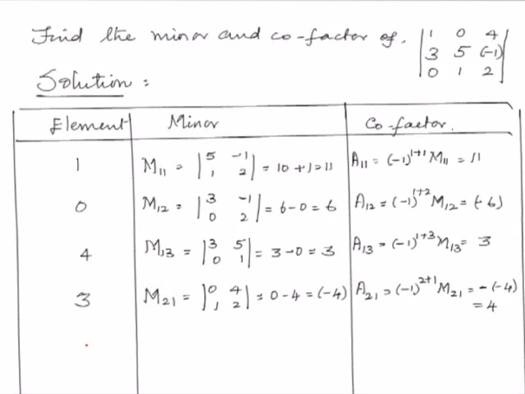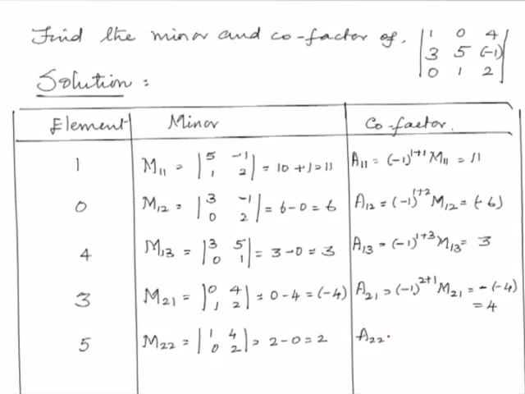Now we proceed further. What is the next element? 5. What is the position? 2, 2 is the position. So you needn't have to worry about the cofactor. Whatever you get, the minor will be the cofactor. Let us see. Now the element is 5. So M22 is equal to, ignoring the corresponding row and the corresponding column, we are left with 1, 4, 0, 2. So it is 2 minus 0, which is equal to 2.